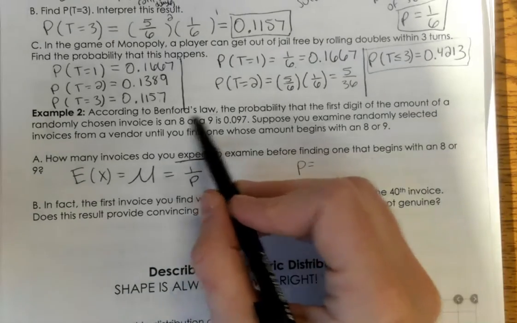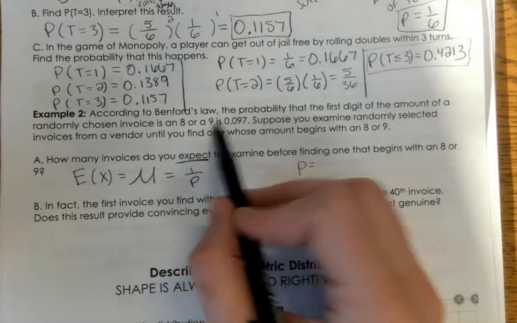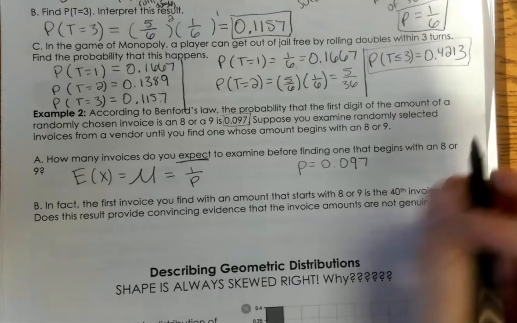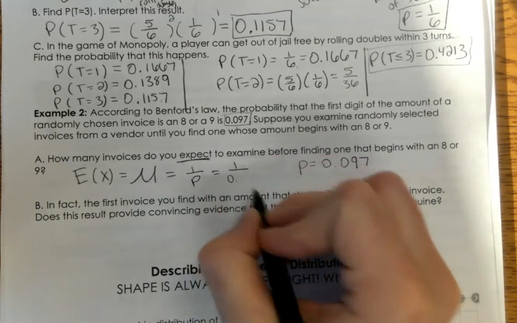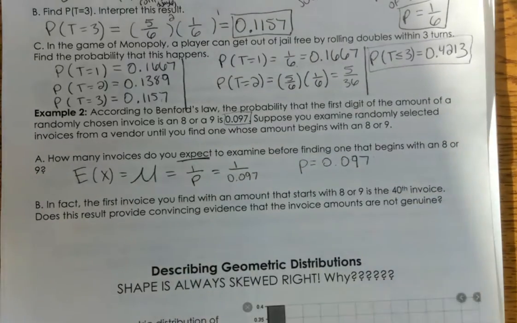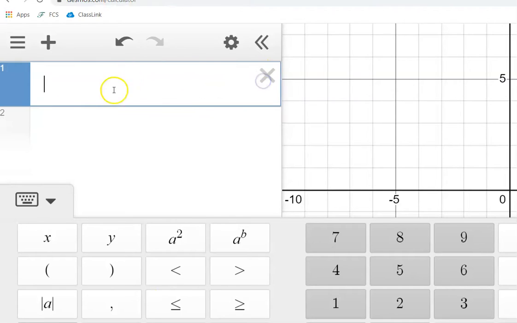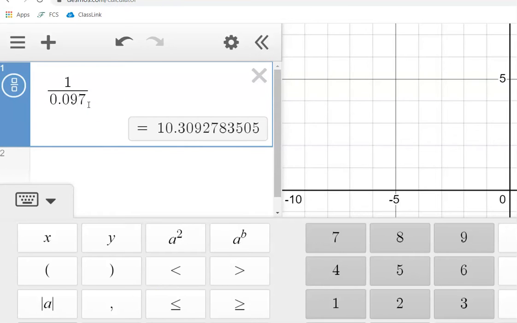So it tells us, according to Benford's law, the probability that the first digit of a randomly chosen invoice is 8 or 9 is 0.097. So I know my mean is going to be 1 over 0.097. So let me go ahead and put that into Desmos. 1 divided by 0.097. Alright, and that gives me 10.3.